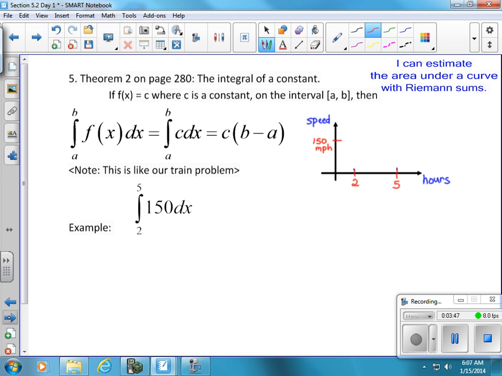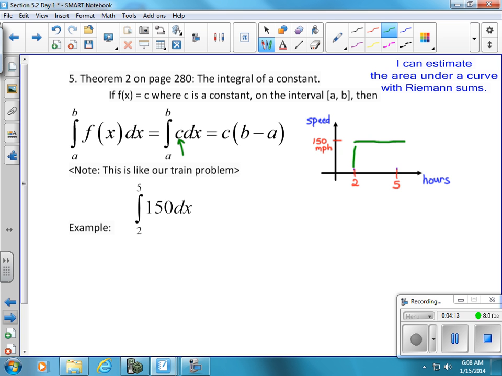Okay, the next one. Here we're actually going to look at the integral of a constant. And really this is like our train problem we did at the very beginning of section 5.1, where we had a function. This is our function c. And we had our function c, which is just a constant function.